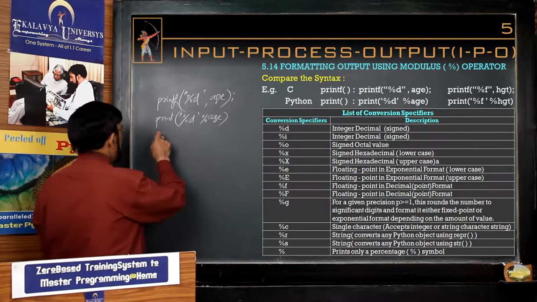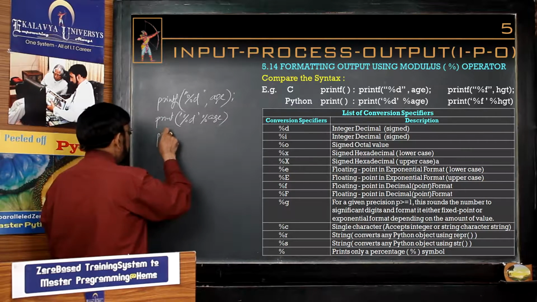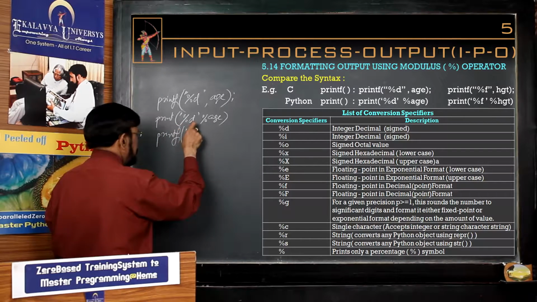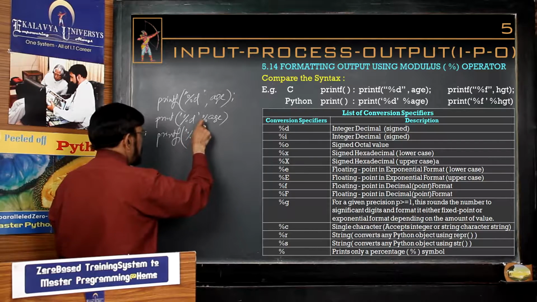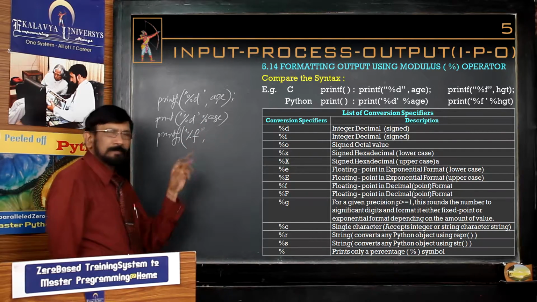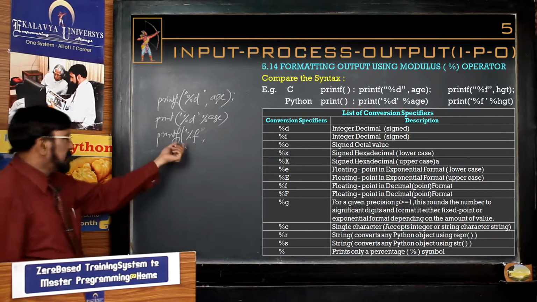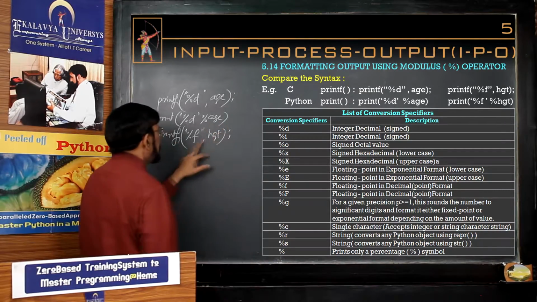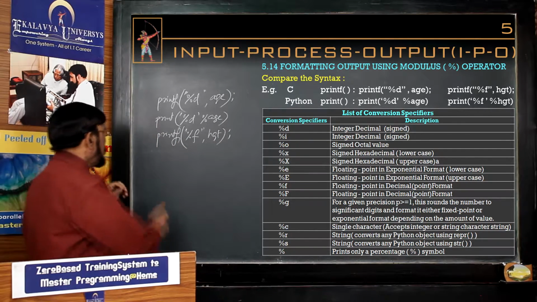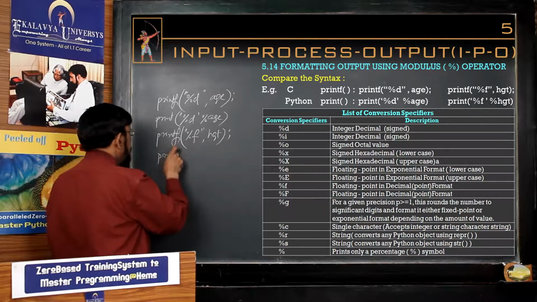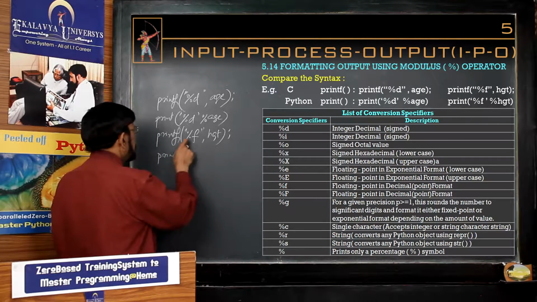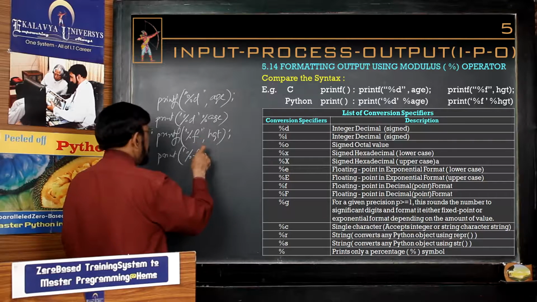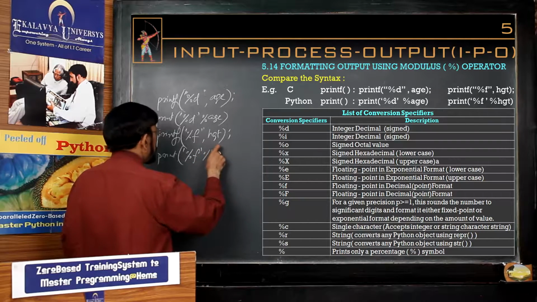And one more I show you. In C printf, your height, height normally we define with floating point, its data type is float, then height. This is the syntax we use. As far as Python print is concerned, %f is also valid, and height.